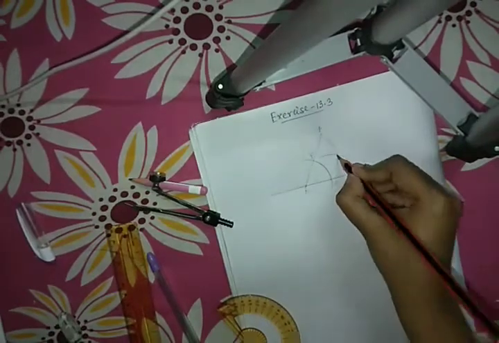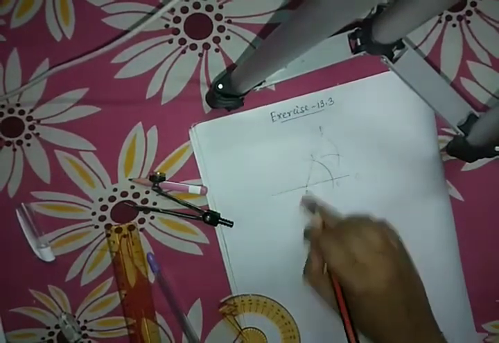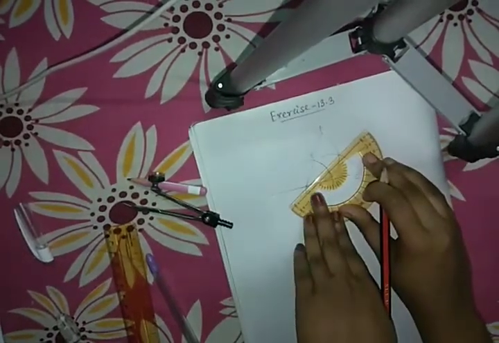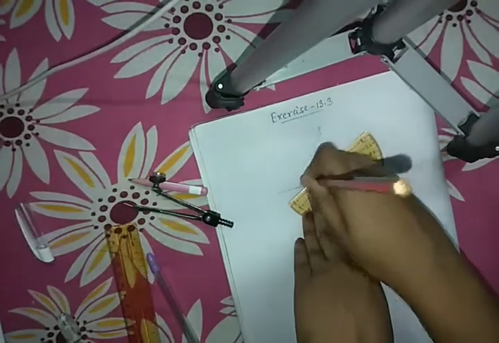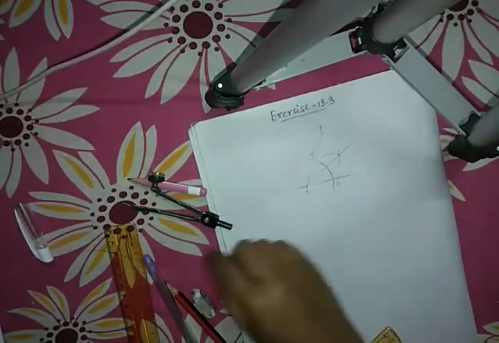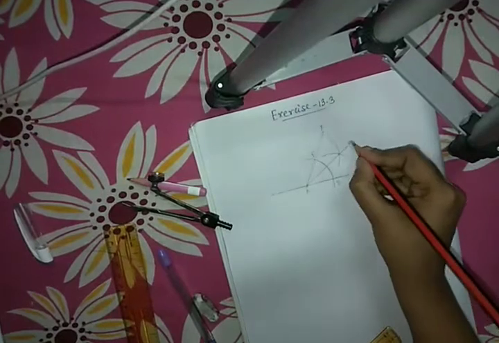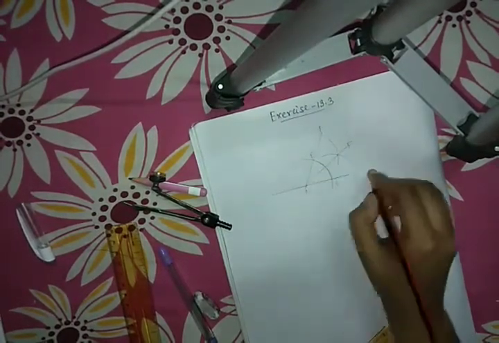You can see these 2 arcs are intersecting at this point. Now we will join this point and this point. This is the bisector of the angle. I am naming this point F. So BF is the bisector of the angle ABC.